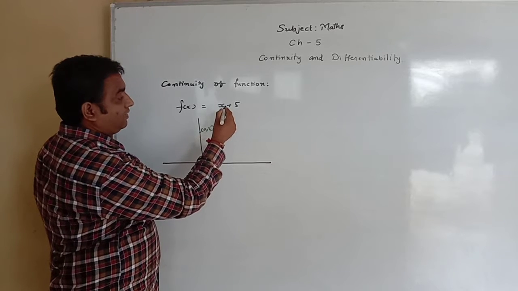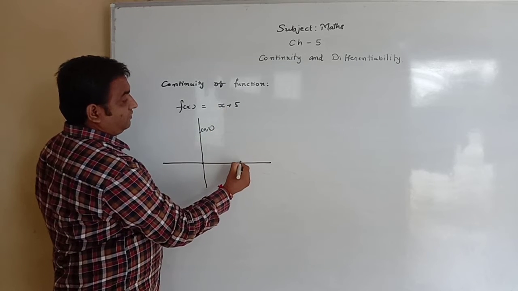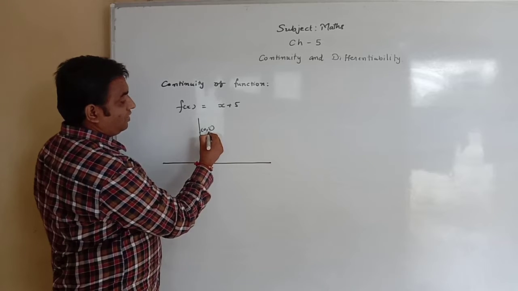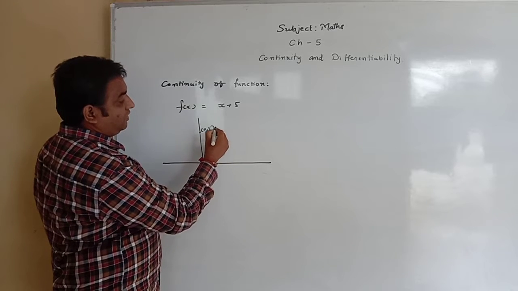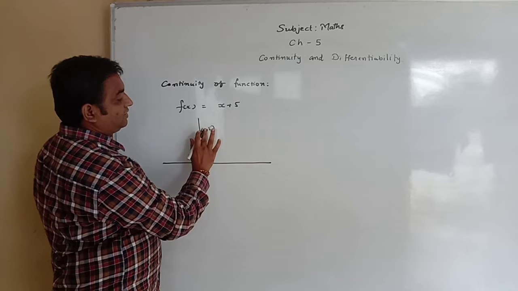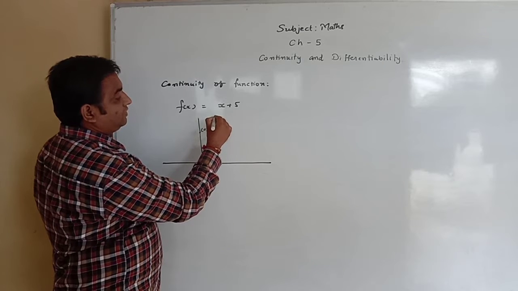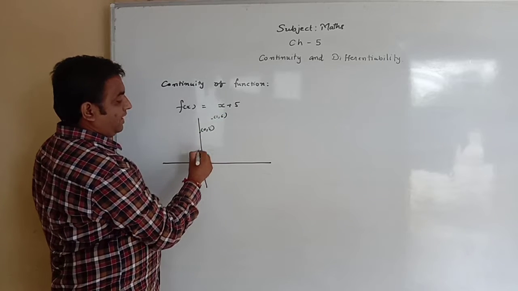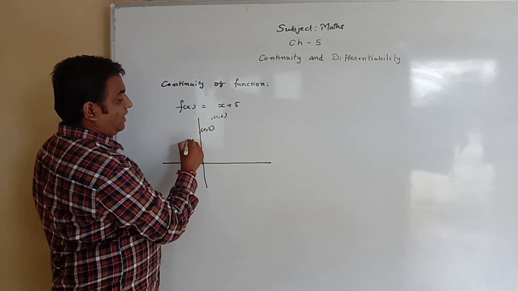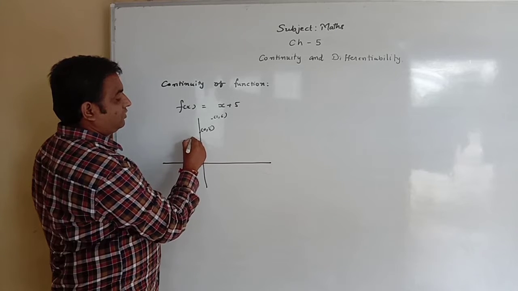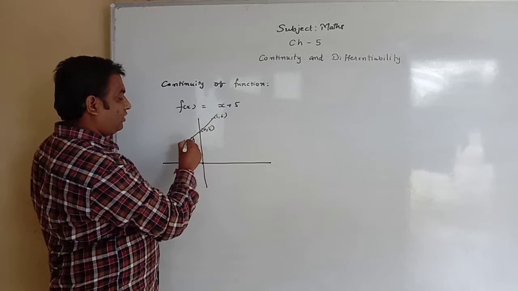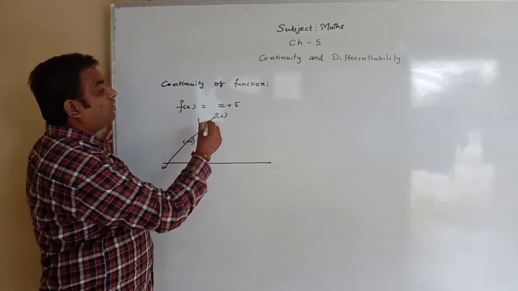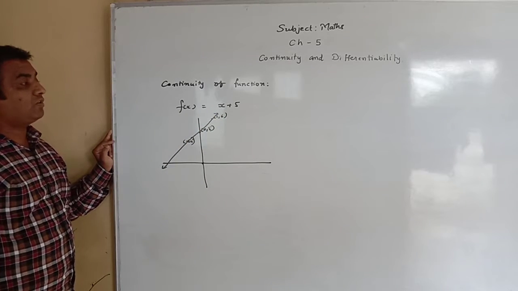At x equals 1 we get 1, 6. At x equals minus 1 we get minus 1, 4. Like this when we draw the graph, we can draw it without lifting the pen.